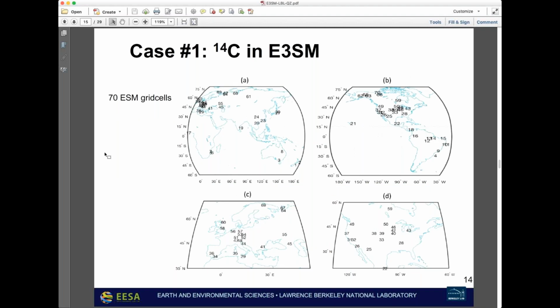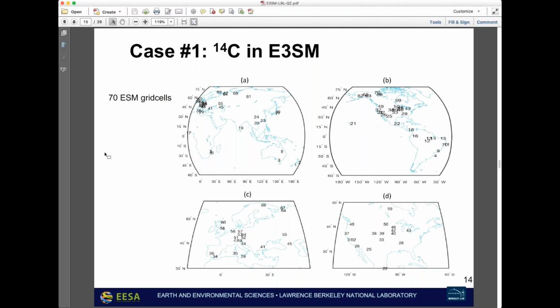So we decided to extract the grid cells that have at least 3 profiles within that grid cell, so that we can tell the variation of the 14C signal for that grid cell informed by the data, and also compare with the model simulation for that particular grid cell.